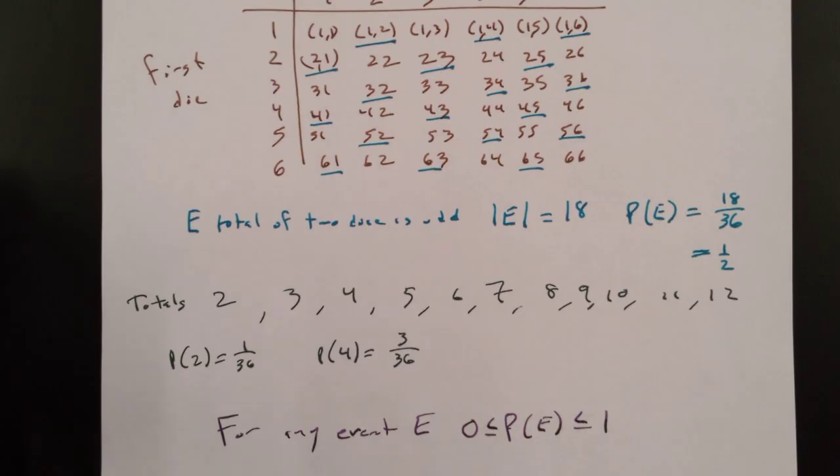Why? That's what this sentence says, Colin. I can't have less than a 0% chance of something happening. I can't have more than 100% chance of happening. That's what this sentence is. Why is that true?